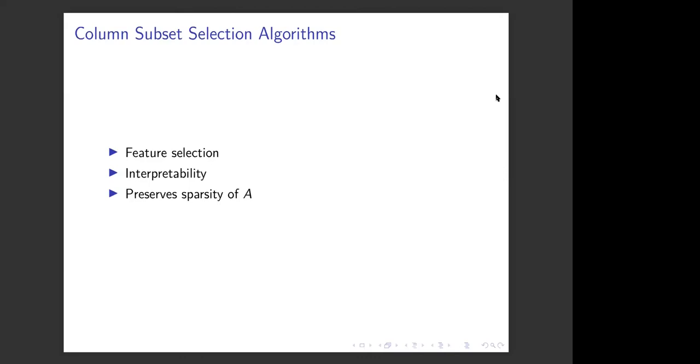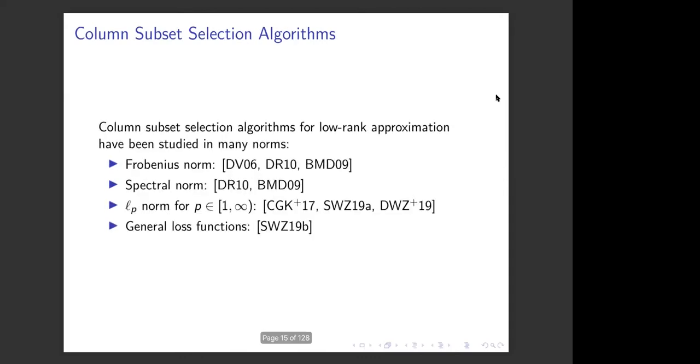And because you can relate the column subset to the original matrix, this is easier for humans to understand compared to, for example, an arbitrary low rank approximation. That's the advantage of these algorithms.